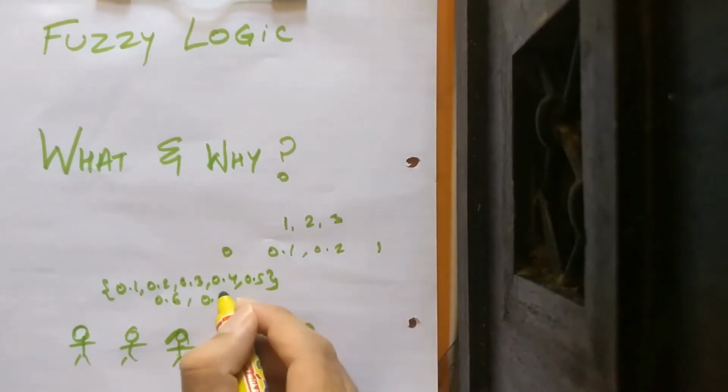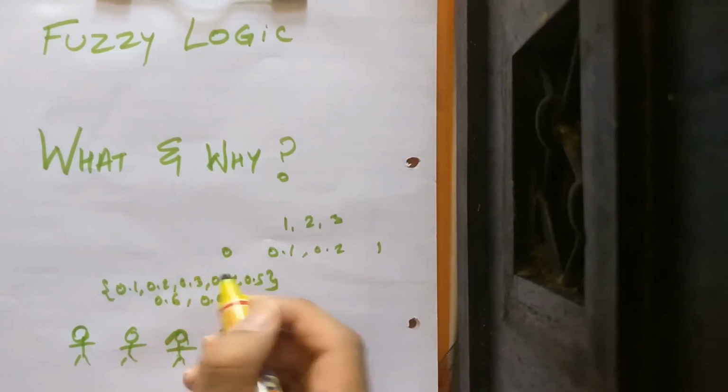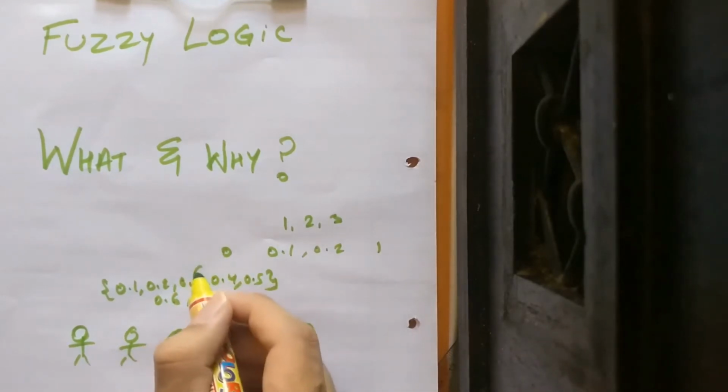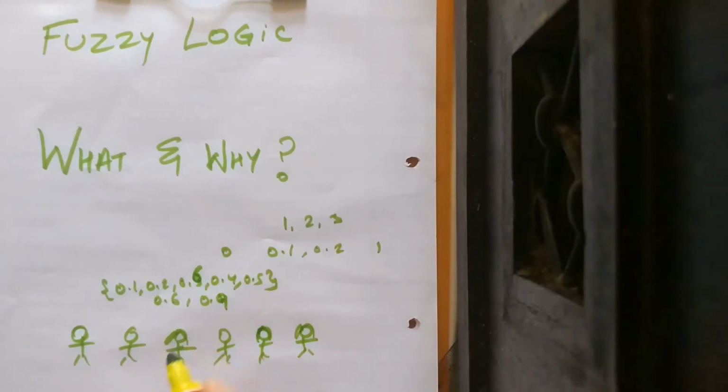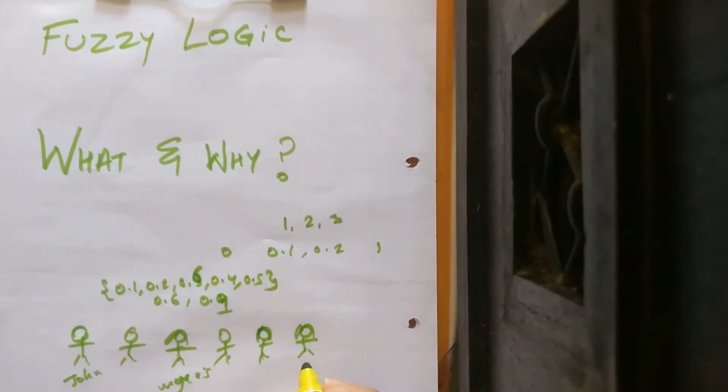I gave them ordered values. So for example, 0.1 is for Megan, 0.2 is for John, and 0.9 is for Claire.